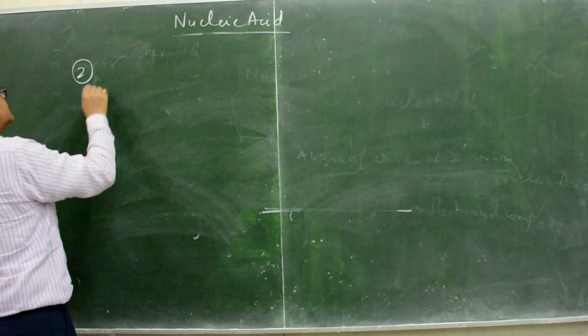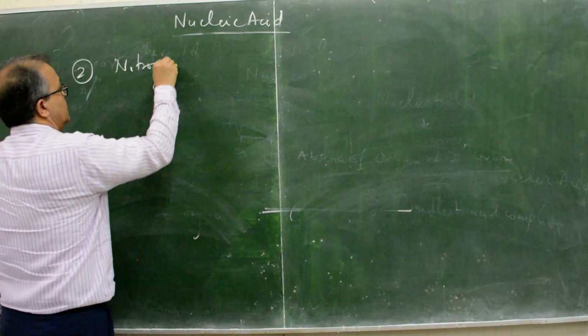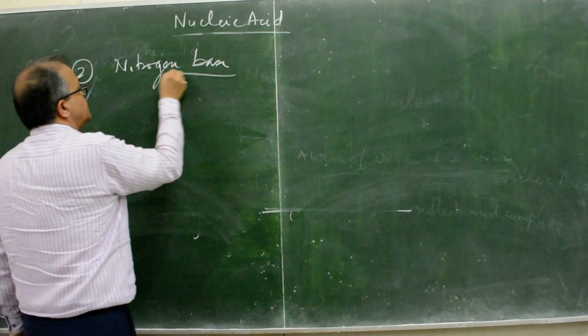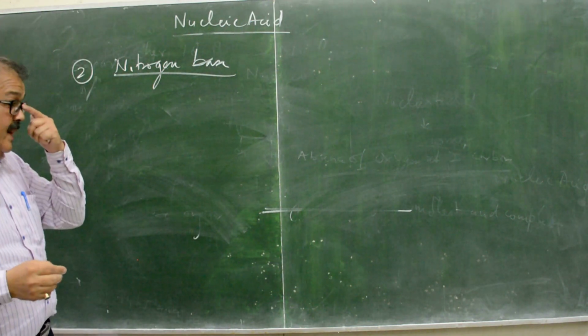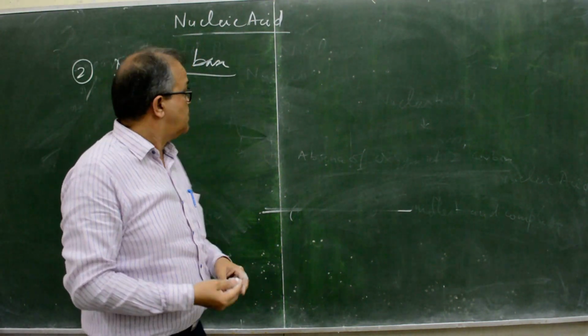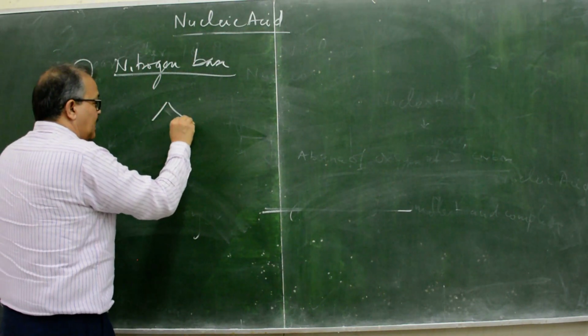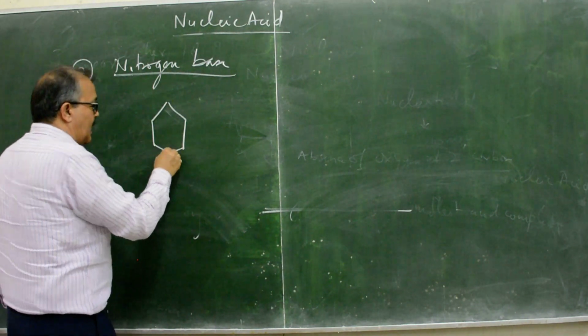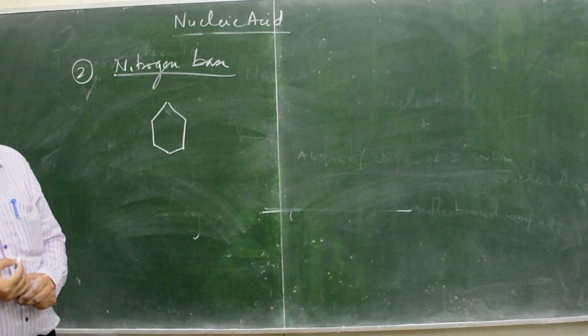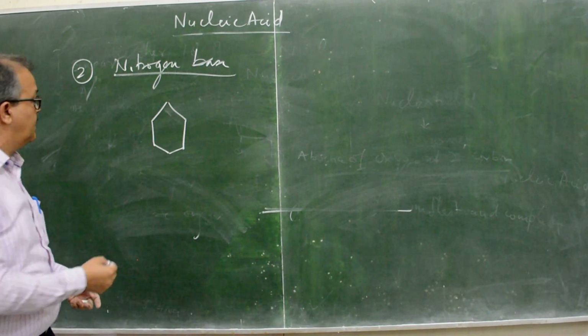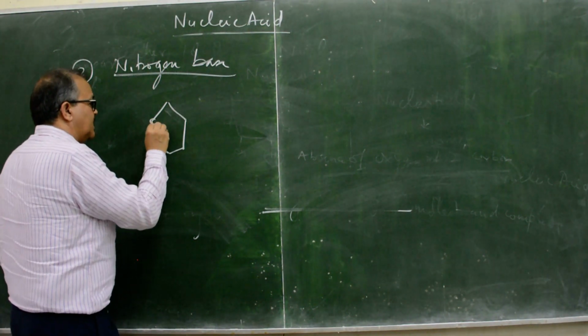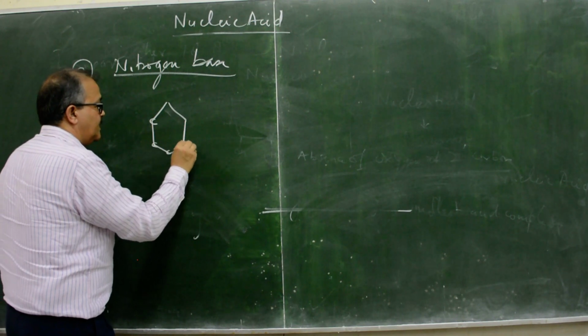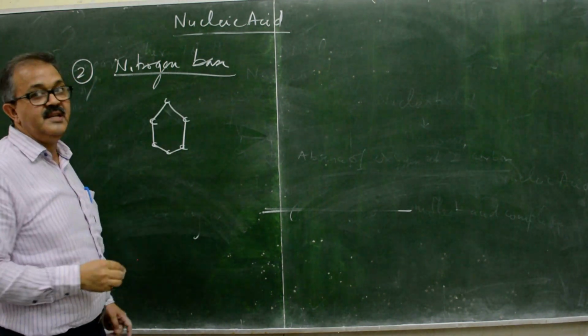The second component is the nitrogen base. Why is it called nitrogen base? In chemistry, there are homocyclic organic compounds, where at all positions carbon is present, like benzene.